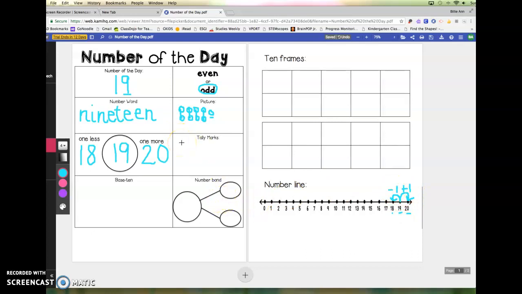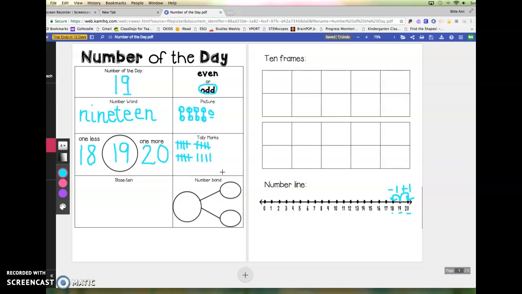All right, so now let's do our tally marks, okay? Are you ready? Here we go. 1, 2, 3, 4, cross 5, 6, 7, 8, 9, cross 10, 11, 12, 13, 14, cross 15, 16, 17, 18, 19.